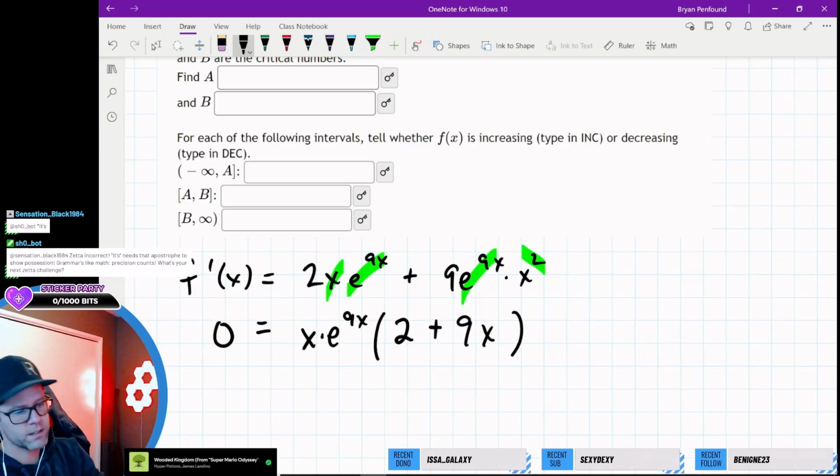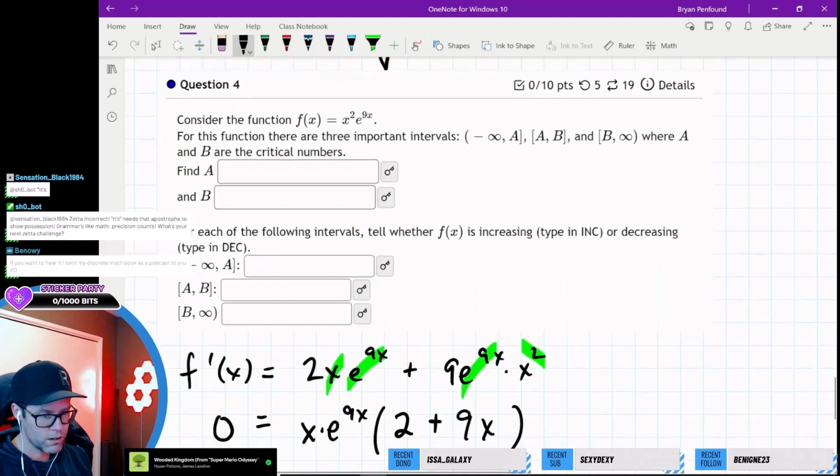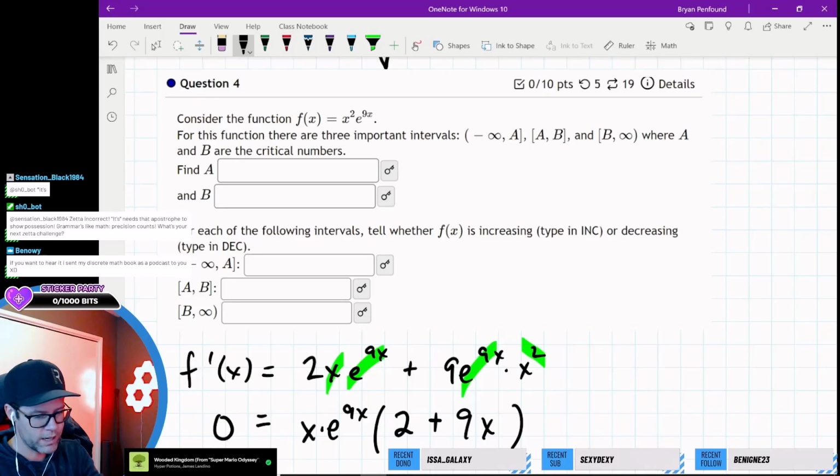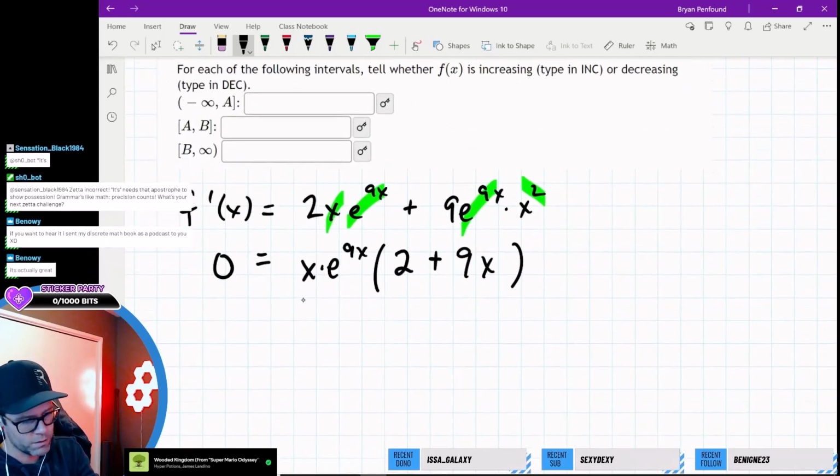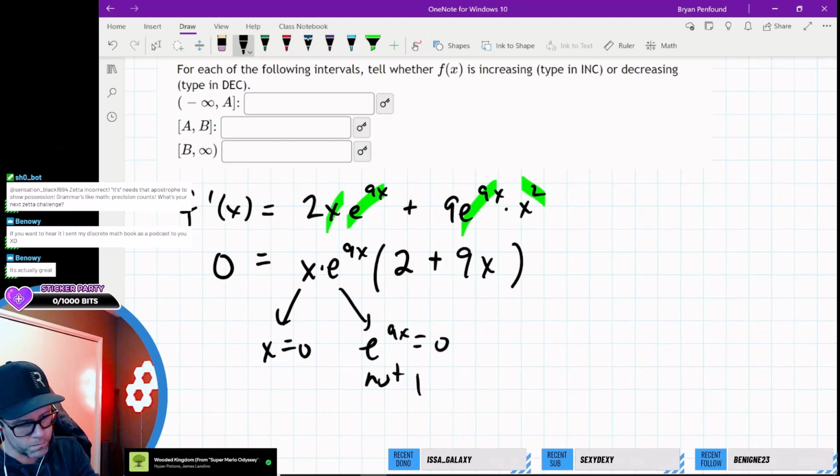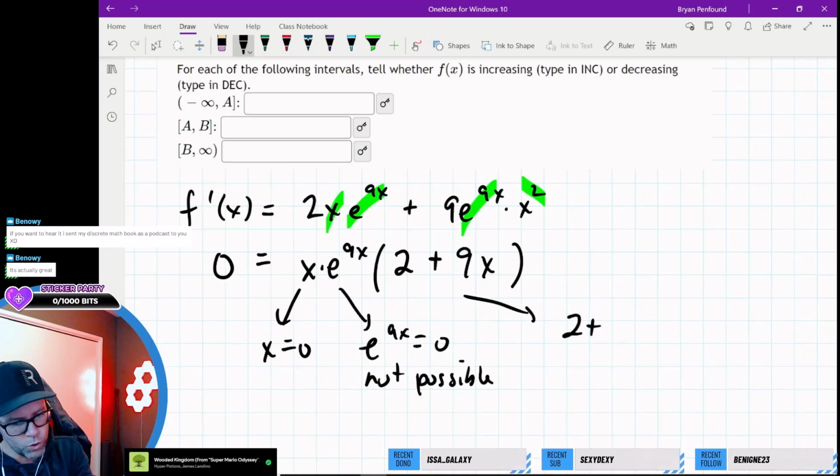One of those x's. So it looks like we're going to get 2 plus 9x. So 0 is a critical value, and then we're going to get negative 2 over 9 or something. So we have x equals 0. We have e to the 9x equals 0, which is not possible. And then we have 2 plus 9x equals 0.